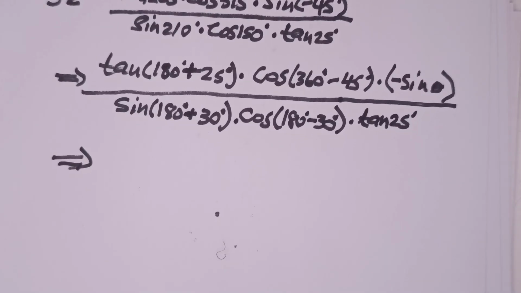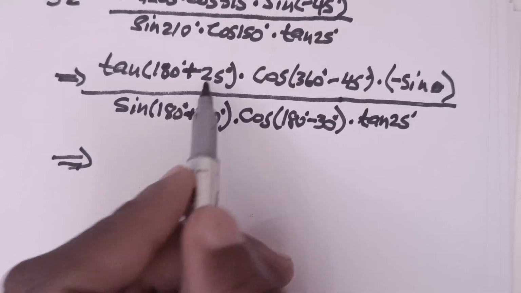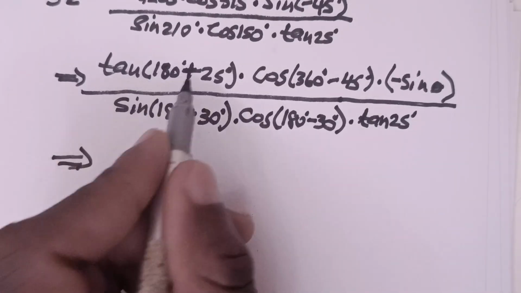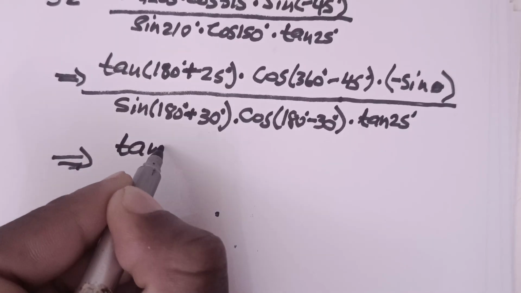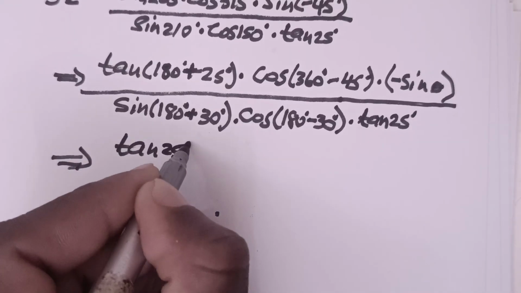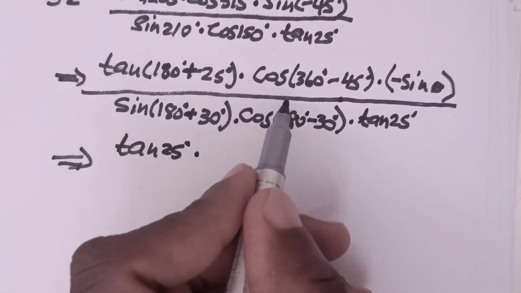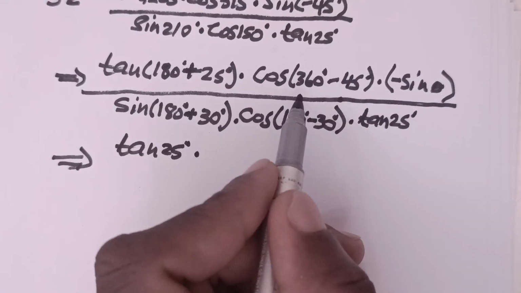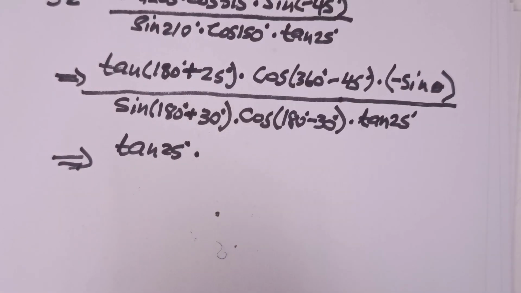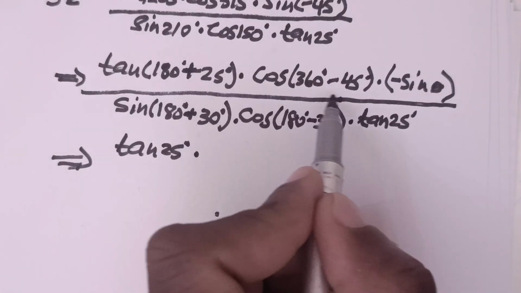The tan of 180 plus theta, in that quadrant, tangent is positive in the third quadrant, so that's just going to be a positive tan 25 degrees, multiplied by the reduction formula cos 360 minus.